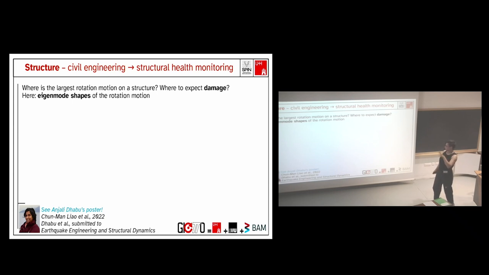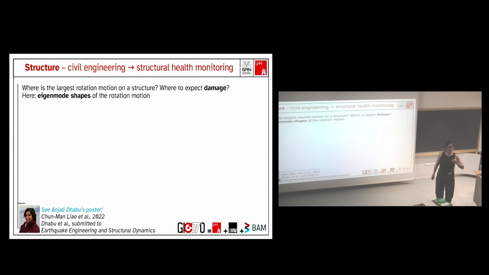So the results I'm going to present here are from a project called Giotto, which is a collaboration between University of Hamburg, LMU, and BAM, the Materials Testing Institute in Germany. And the project was about how we can use rotation measurements to get better information about civil structures, about buildings.